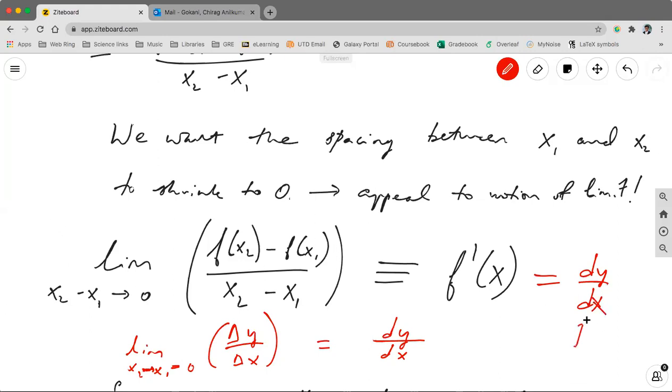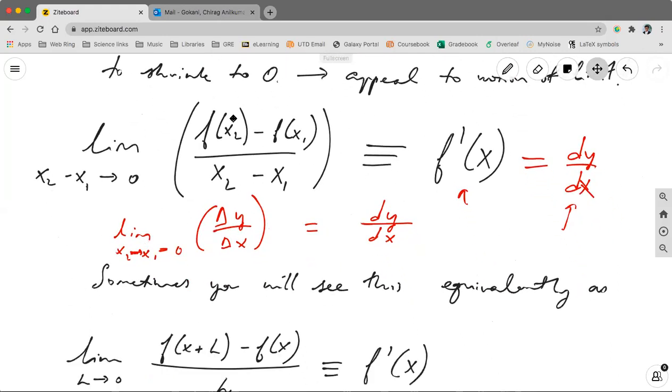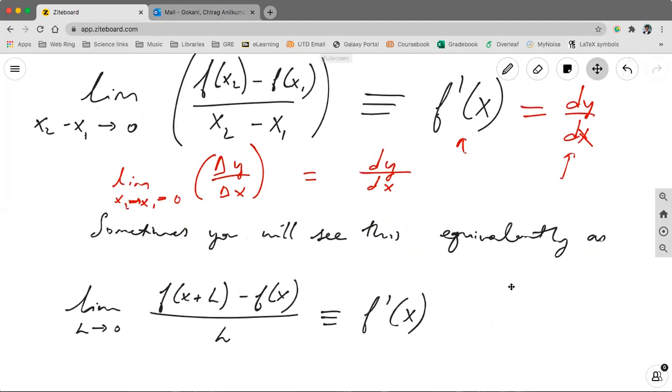This is called the Leibniz notation, and this is the notation that Newton used. And the Leibniz notation is actually better in many cases because it's more specific. It tells you what you're differentiating with respect to. It's a bit more clunky, but that's just something to keep an eye out for. Sometimes you'll see the same definition of the derivative written equivalently.